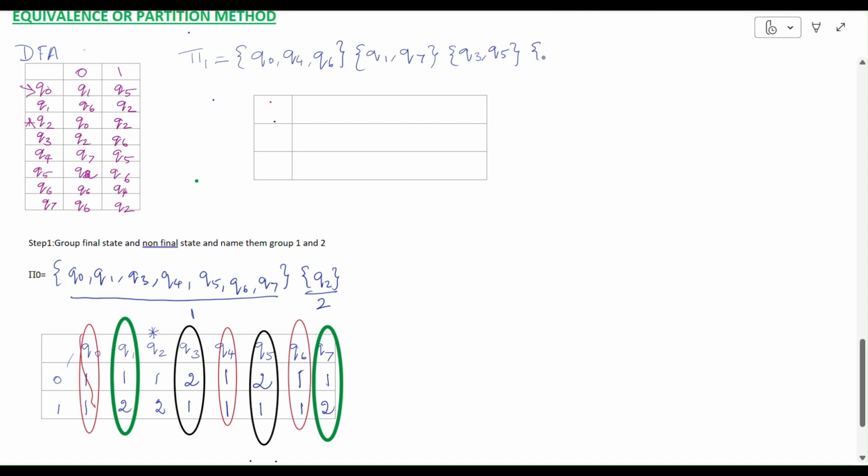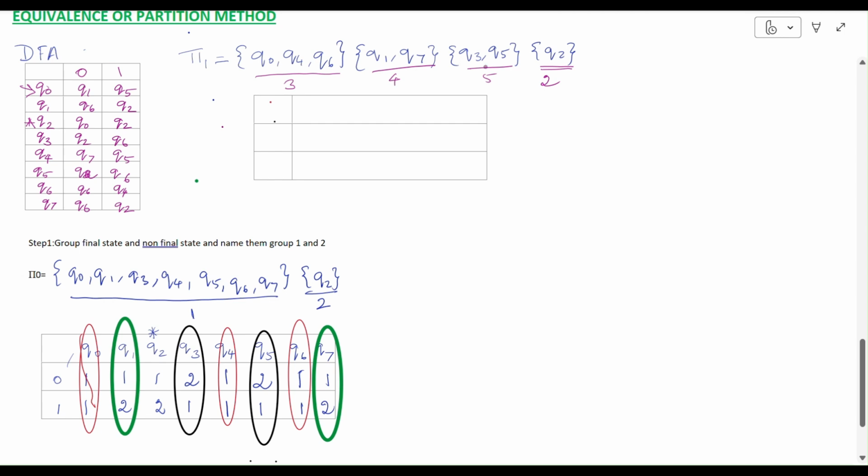Already we have Q2 as a separate group. Now take these with different group names. This is group 3, because we have already taken 1 and 2. This is group 3, this is group 4, and this is group 5. This is the already partitioned group, which is group 2.